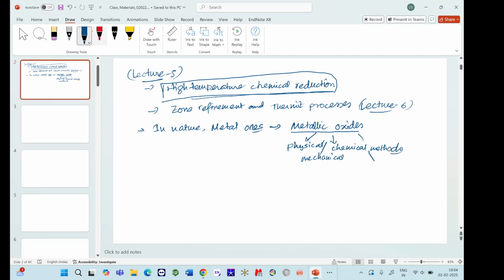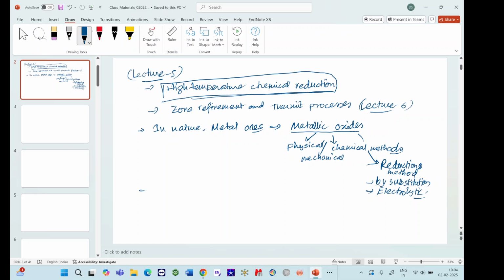We also discussed some reduction methods, reduction by substitution or by electrolysis.